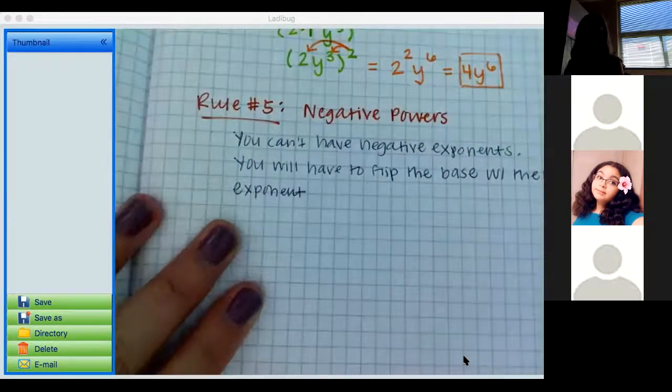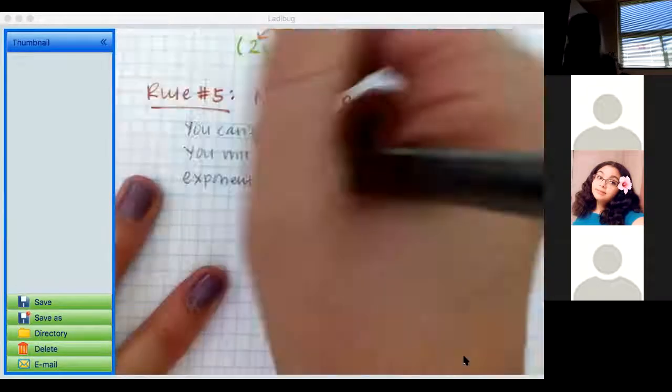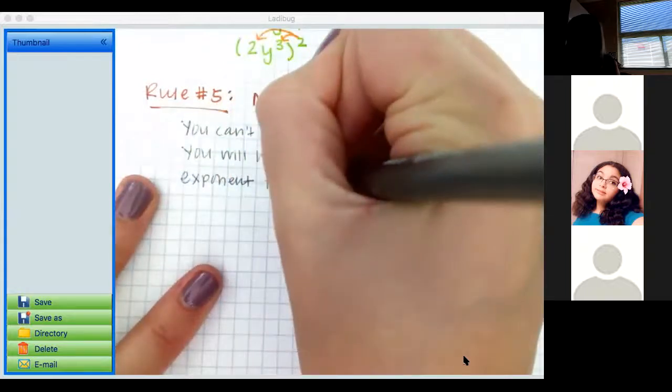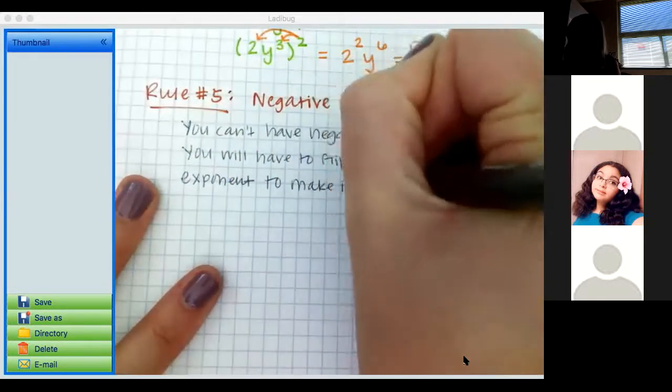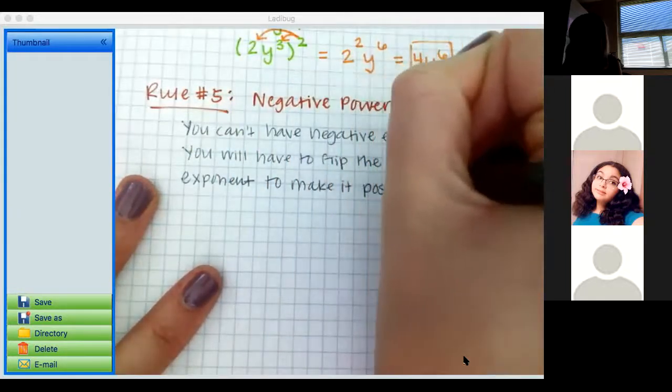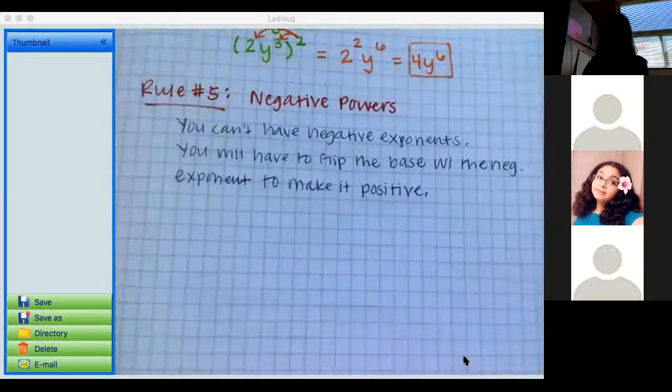You will have to flip the base with the negative exponent to make it positive. This is the one that y'all usually don't quite understand, so I will definitely do 2 examples, okay?